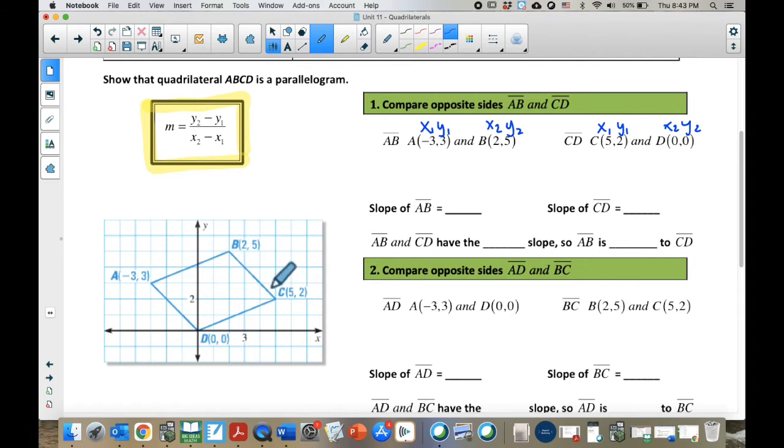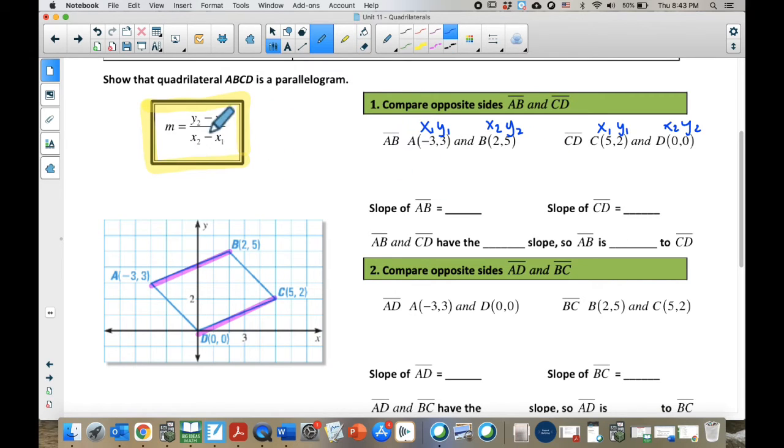And if we look at our diagram, the first one that they're asking about is line AB. So line AB is right here, and this is line CD, which is right here. And we need to figure out, are those two parallel to each other? And so we're going to use the slope formula to do that.